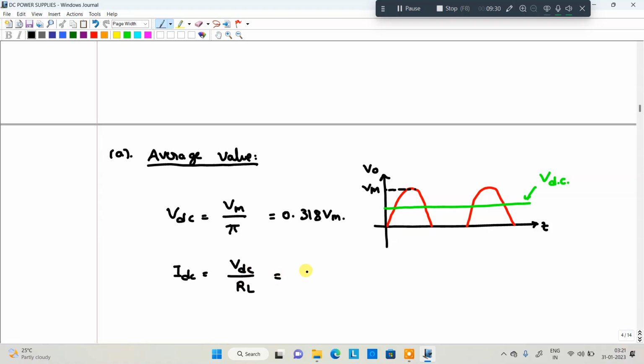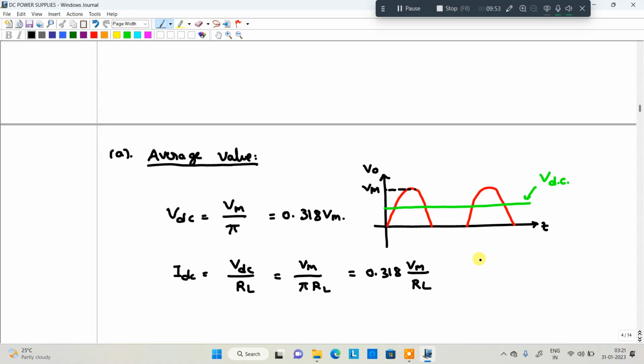That means IDC is nothing but Vm divided by pi into RL, which is equivalent to 0.318 Vm divided by RL. This is a formula in terms of Vm, the maximum value.